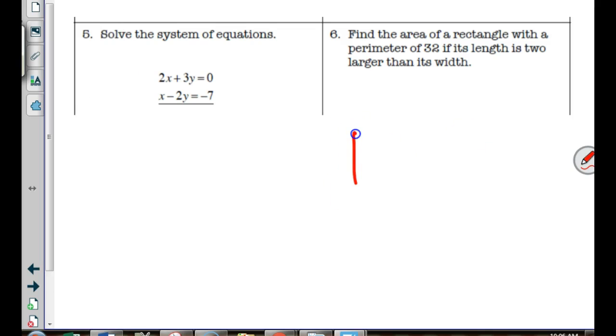Any ideas? So it's 2 larger. What can I use? Okay, because we don't have a lot of time, I'm going to just say x and x plus 2. Some of you would have got that maybe?